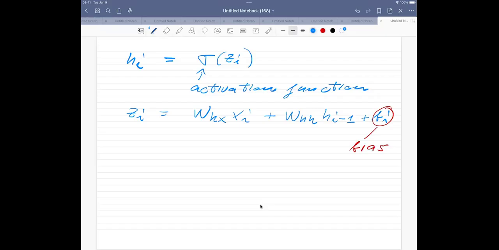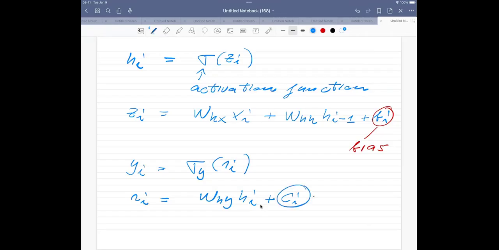That is the way we define the input to the activation function. Then the next variable we need is an output, y of i, which has some sigma, let's call this sigma of y, with an input r of i, where r of i is given by W_hy multiplied with the output from the network, plus a new bias, c of i. So this is a new bias.